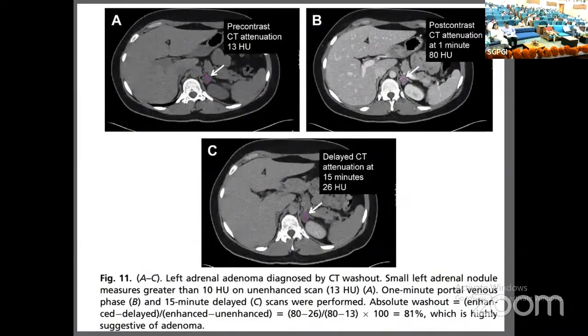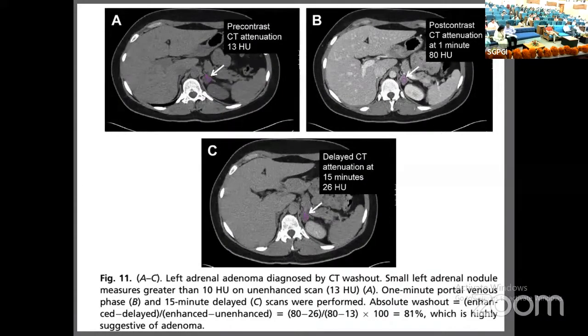Again, I'm not going into detail on how to calculate, but this is a formula where absolute washout is calculated, which is equal to enhanced minus delayed divided by enhanced minus unenhanced. If the delayed washout is less than 50%, it is thought to be a malignant process, because the cells are immature and they cannot process the contrast.